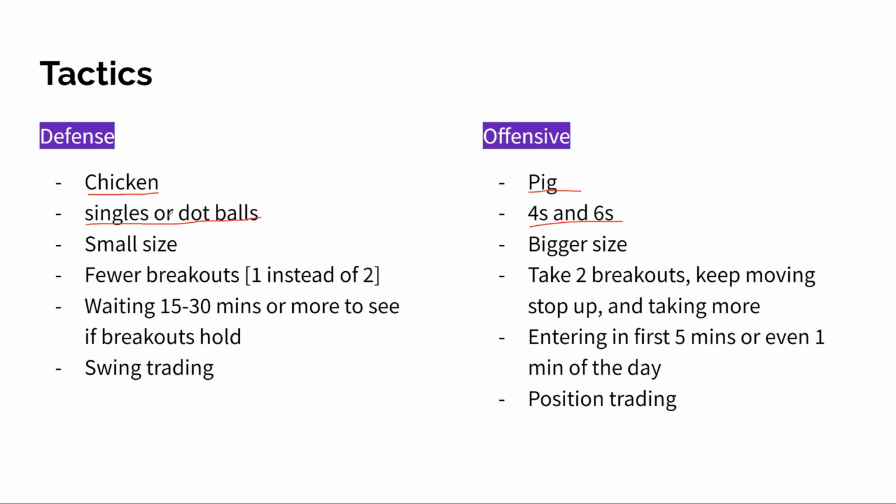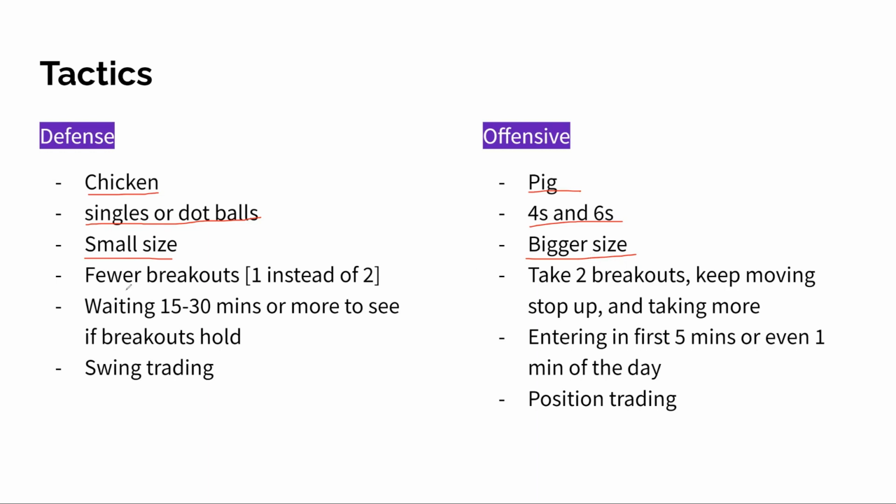Now, what do they exactly mean? Defense means I'm going to play small size. Offense means I'm going to play big size. And check out the video on position sizing if you want to know what this exactly means in terms of quantifiable numbers. I lay that out there very clearly.